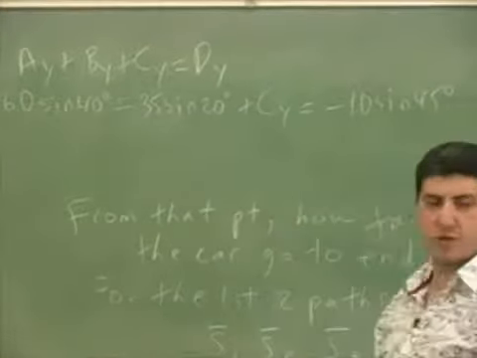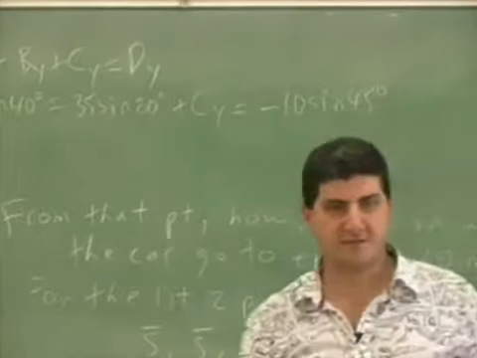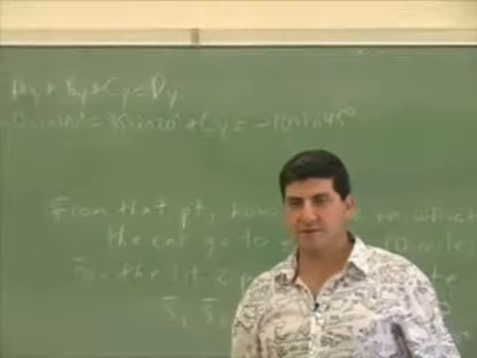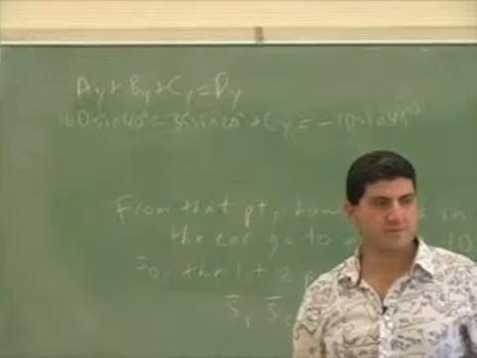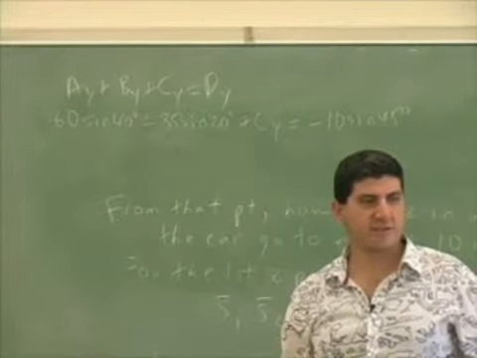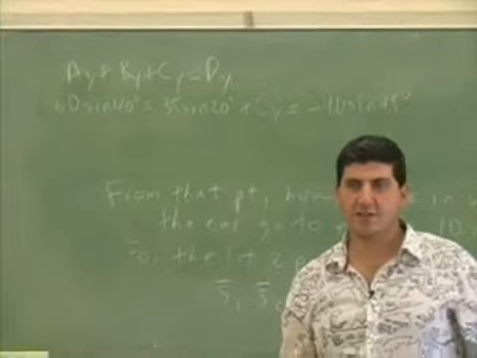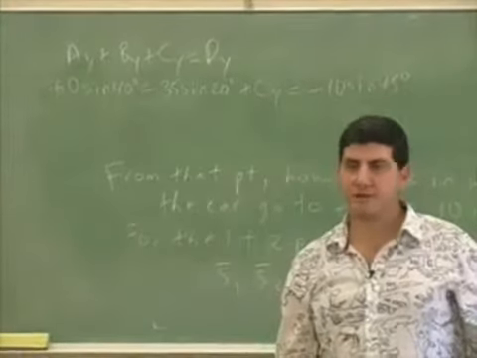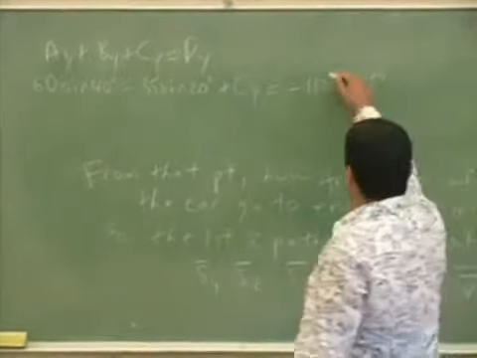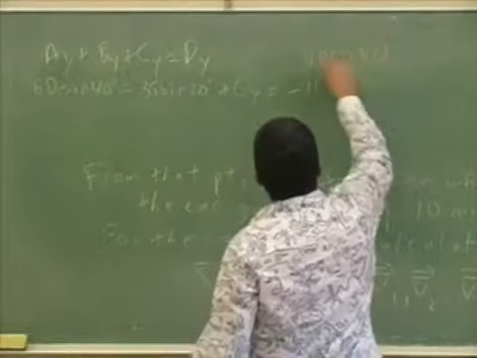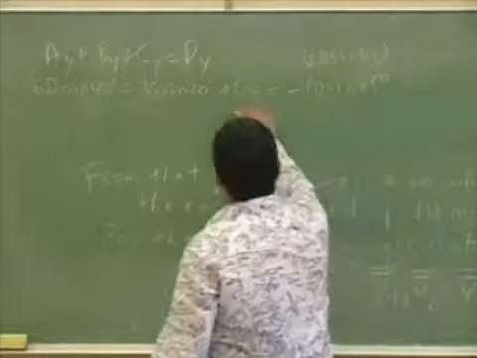Or you could have done what? 10 sine of what? Starts with 3. 3 and then what? 315, exactly. 10 sine of 315. Okay, so now solve for cy.